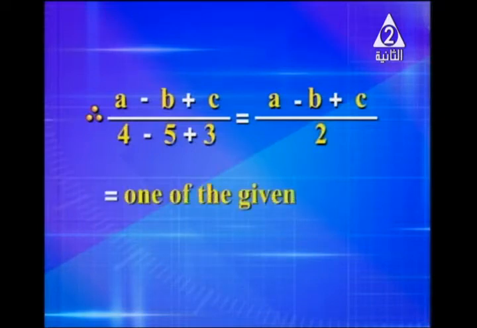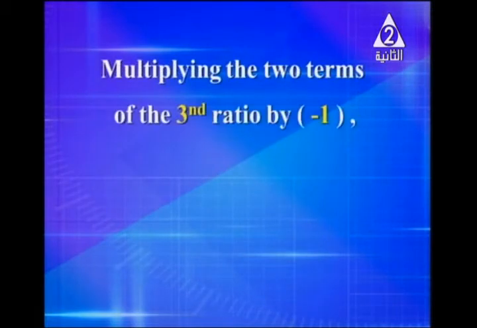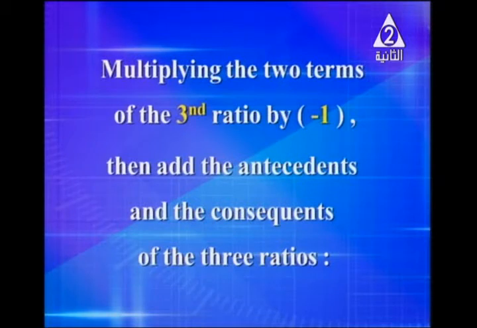Why? a over 4, b over 5, then c over 3. 4 minus 5 plus 3 equals 2, equals one of the given ratios. Multiplying the two terms of the third ratio by −1, then add the antecedents and the consequents of the three ratios.